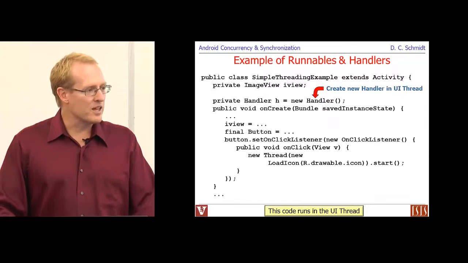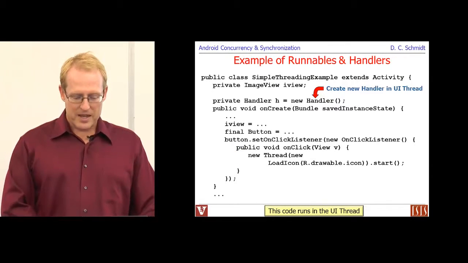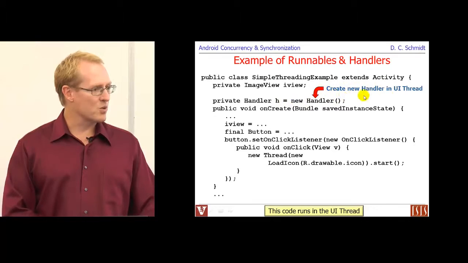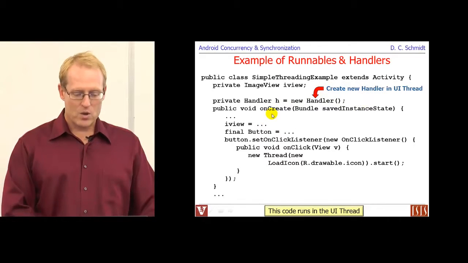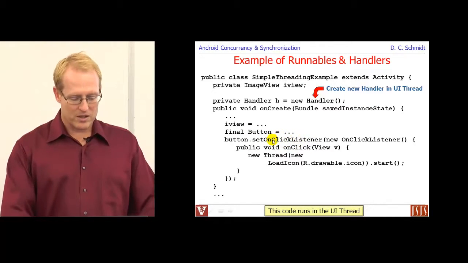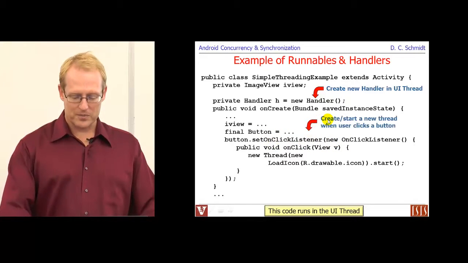So if we take a look at this thing, we'll see that we have a simple threading example that extends activity, and it creates a new handler. Notice that this thing is created in the UI thread, because that's where the activities run. When the onCreate method gets called, a bunch of things take place here, and there's a method that gets connected to a new set on click listener.